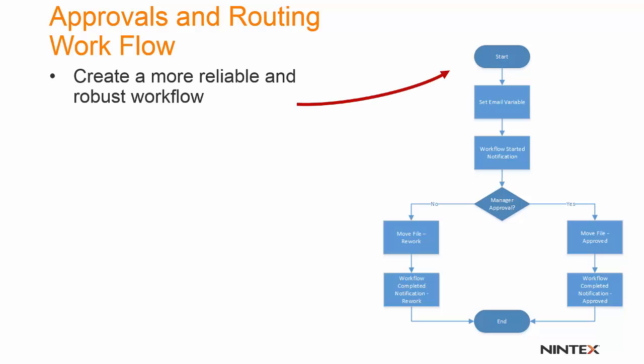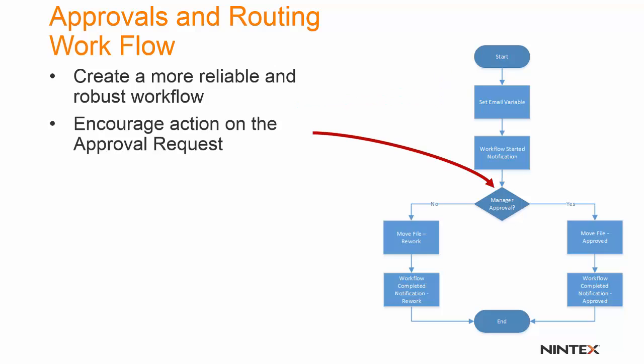The first step is to create a more reliable and robust workflow where you use file locking, error checking, and error handling to make sure that what you asked to happen did happen. You can also encourage action on the part of the approver by adding reminders, task escalation, and delegation, and make sure that the email asking for approval doesn't get lost in a full inbox or left behind when the person's on vacation.